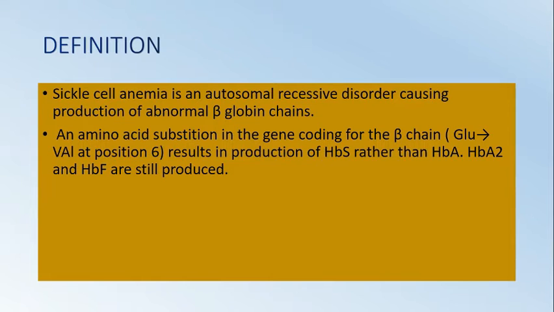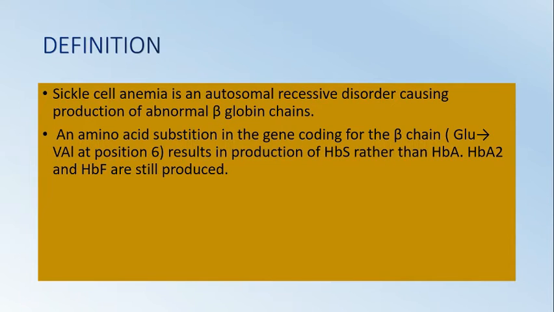So there is production of hemoglobin S rather than the normal hemoglobin A and hemoglobin F that was supposed to be produced. There is an abundance of hemoglobin S, even though there is still production of hemoglobin A and hemoglobin F, but not as abundant as it should be. Hemoglobin S has taken over and is produced more than hemoglobin A and hemoglobin F.